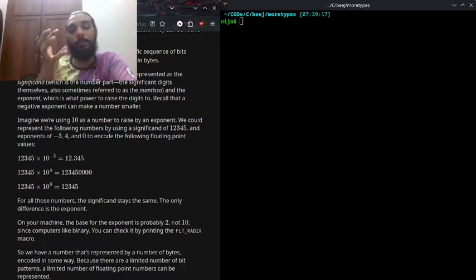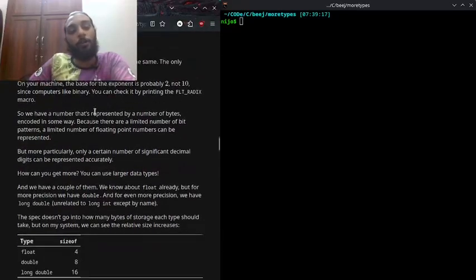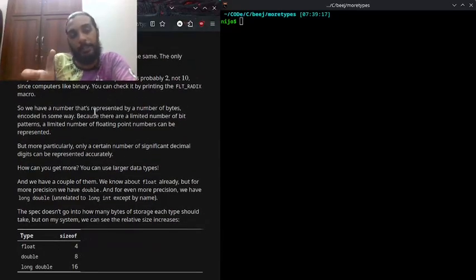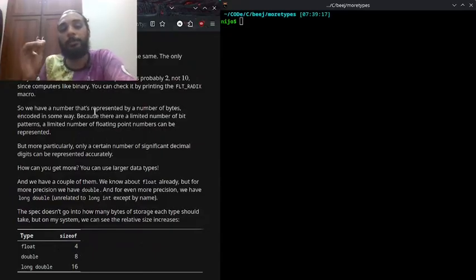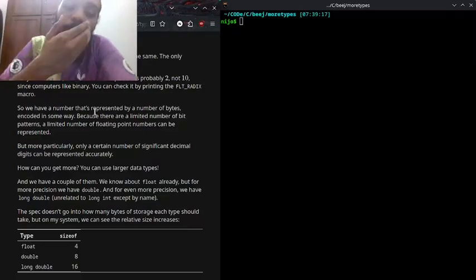We could represent the following numbers by using a significand of 1, 2, 3, 4, 5 and exponents of minus 3, 4 and 0 to encode the following floating point values. 1, 2, 3, 4, 5 times 10 raised to minus 3 equals 12.345, and so on. For all those numbers, the significand stays the same. The only difference is the exponent. On your machine, the base for the exponent is probably 2, not 10, since computers like binary.